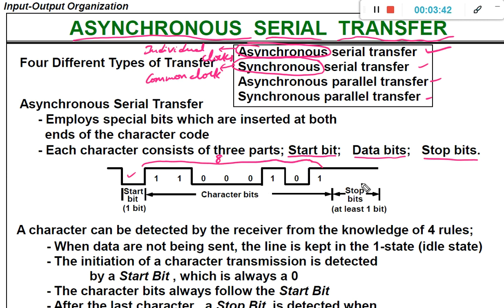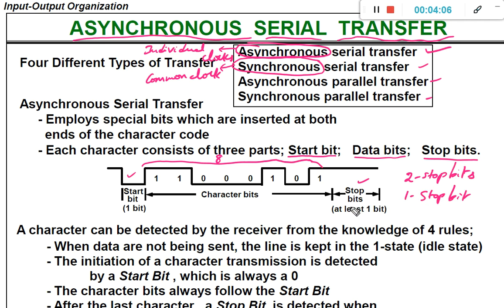After that, there will be stop bits. In some computers, they employ two stop bits, and recent computers deploy only one stop bit. Like this, asynchronous serial transfer will occur.